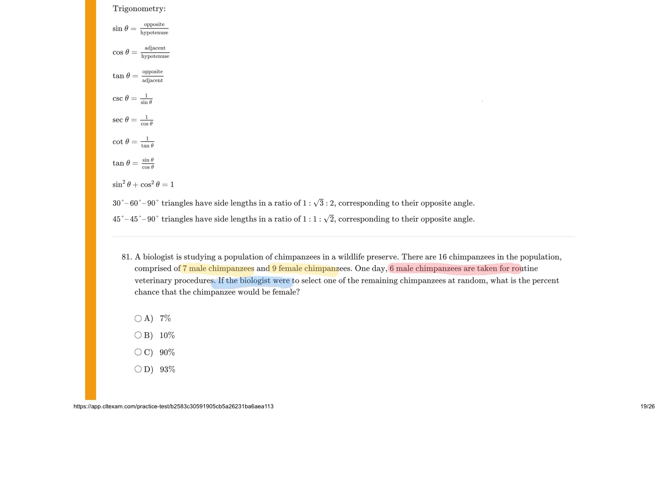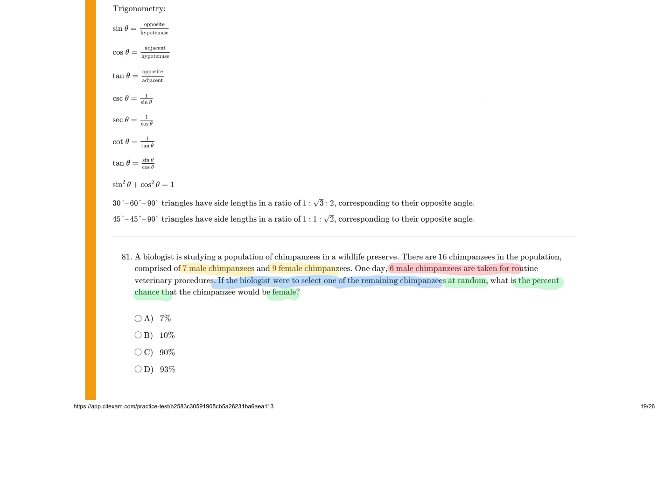If the biologist were to select one of the remaining chimpanzees at random, so the word at random is a clue that this question has to do with probability, the chances of something happening. And then we're asked, what is the percent chance, again, that's another clue that this is a probability question, that the chimpanzee would be female. So what are the chances that we randomly select a female chimpanzee?